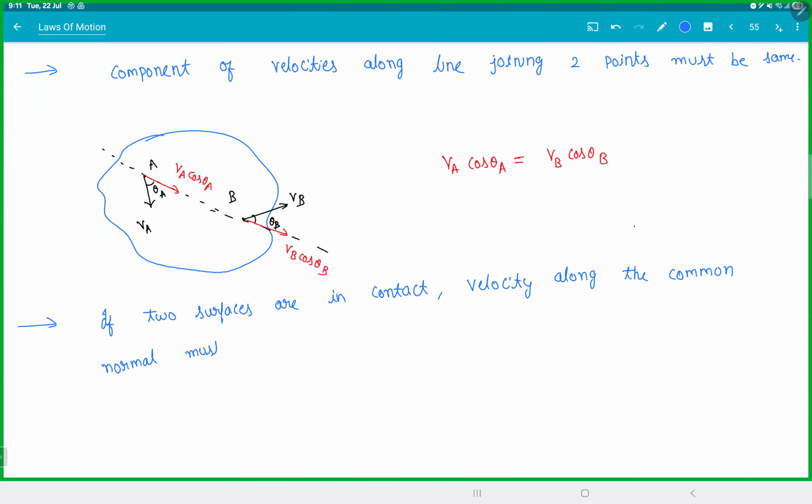Same logic. If the velocity along the common normal is not the same, that means either they'll separate or they will push into each other. What is a common normal? Look at the word common normal. What is normal? Perpendicular to the surface.